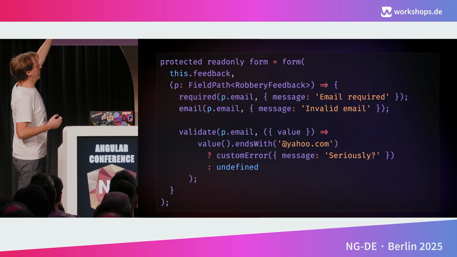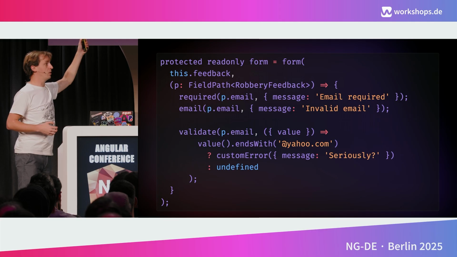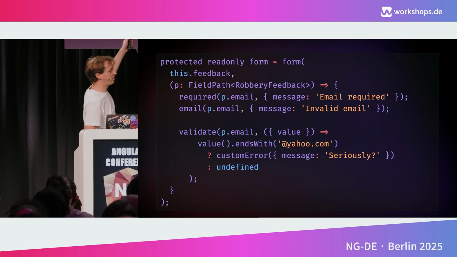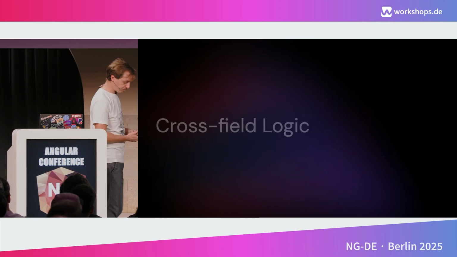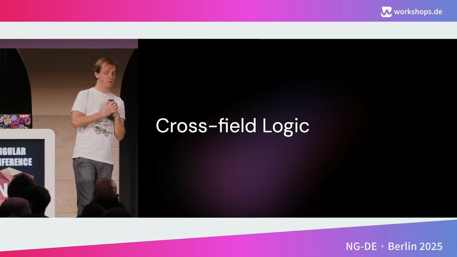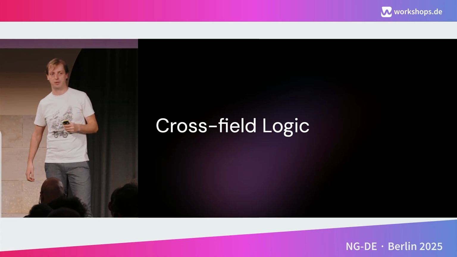So if I come back to the total example, like I said, you can have built-in validations, the required, the email, or the custom validation with the validate. Now imagine you want to do something that is really hard to implement today, for example, in reactive forms: the cross-validation logic.